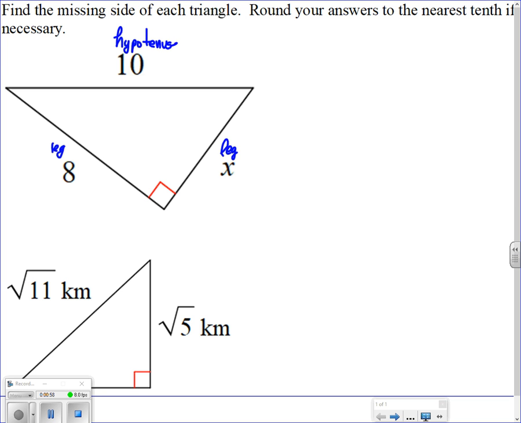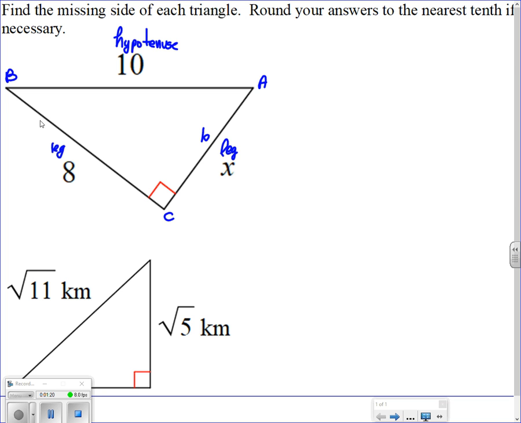So very, very important. You need to know what the legs are, what the hypotenuse is, and which angle is the right angle. Now, if I call this angle A, this angle B, and this angle C, to name a side, go to the opposite angle. So this side will be called lowercase b.